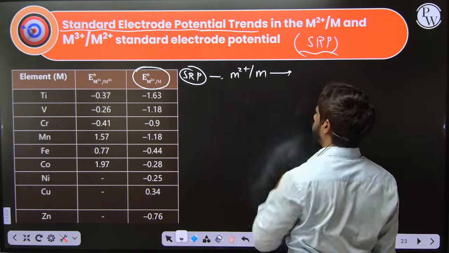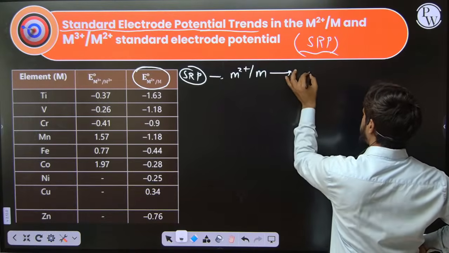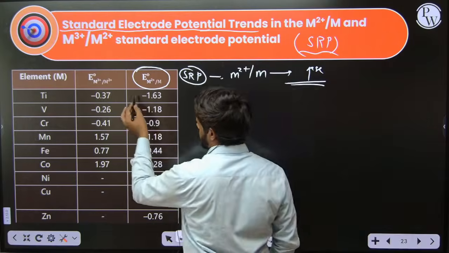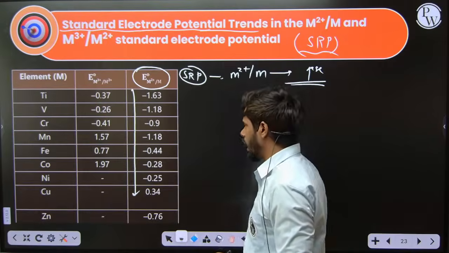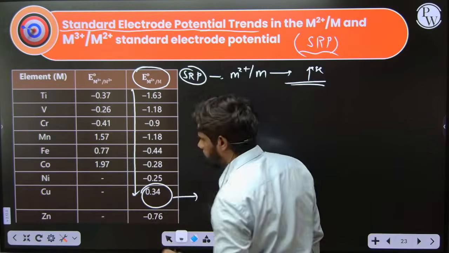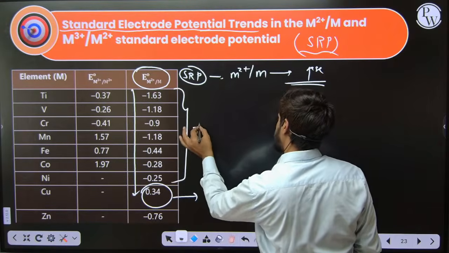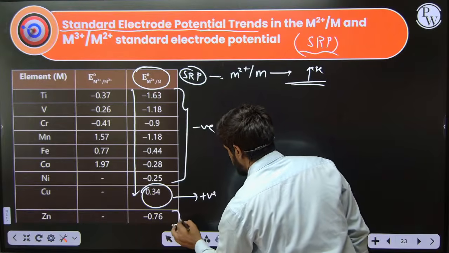It increases as we move across the period, and it is also positive for copper. In all other cases it is negative, but for copper it is positive.